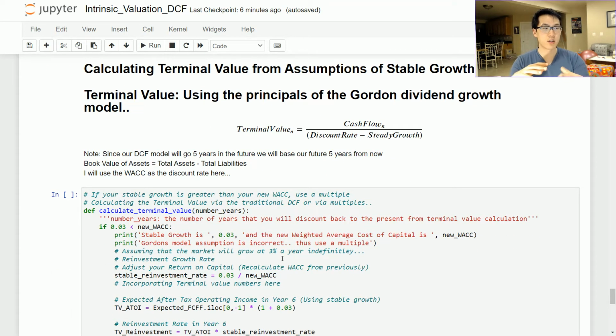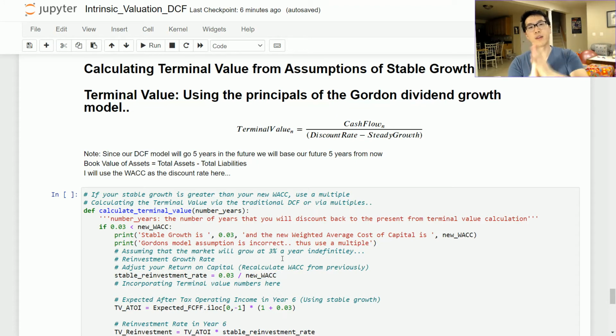But essentially what the terminal value is doing is that we want to calculate a way to get all of the cash flows into infinity where time ceases to exist, right? And there's some really neat mathematical ways to do that, but one of the ways here was just to get your cash flow, and you divide that by your discount rate, so it's subtracted from your steady growth.